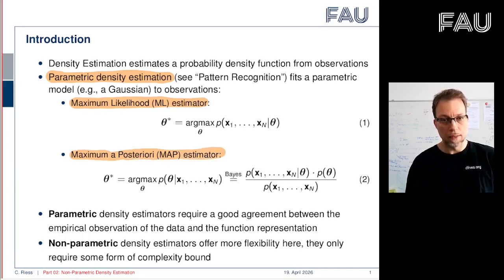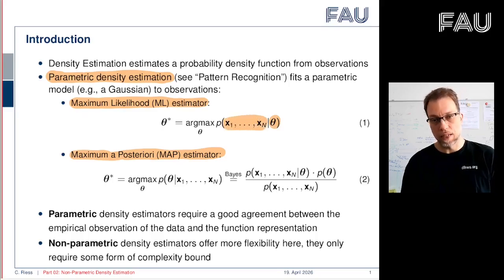What is the idea? For the maximum likelihood estimator, one says, well, okay, I need a model expressed through the parameters theta that gives me a good agreement with the n observed data points that I have. And specifically, I choose those parameters that give the best agreement with these data points. So this is a maximum likelihood estimator.